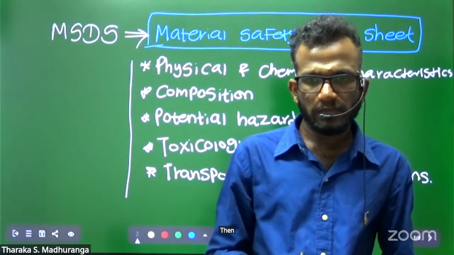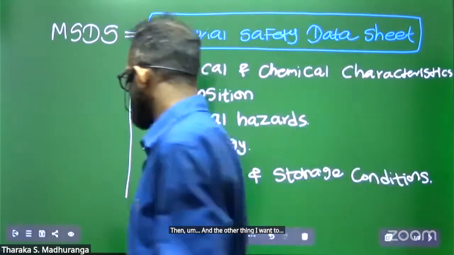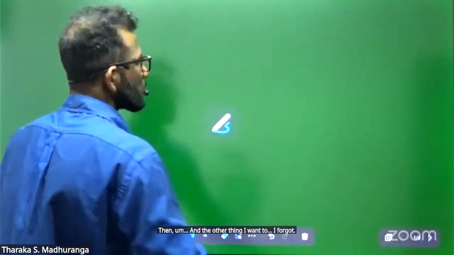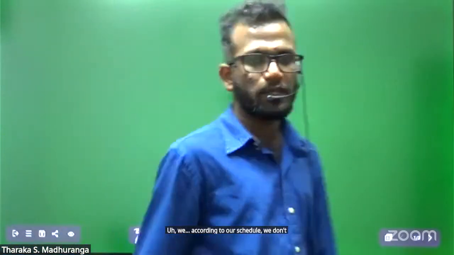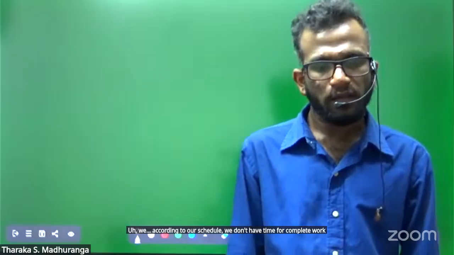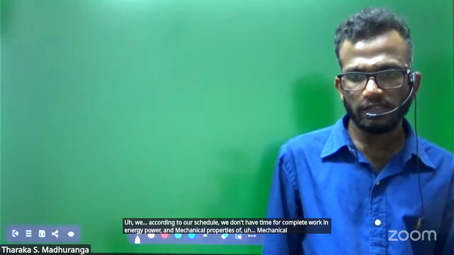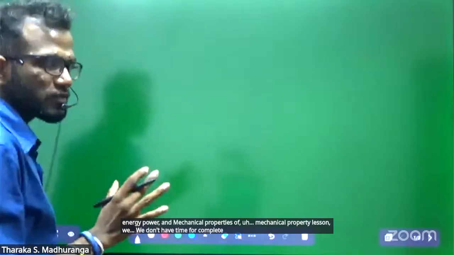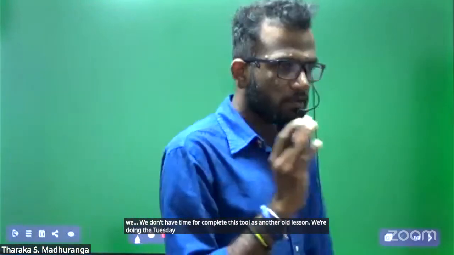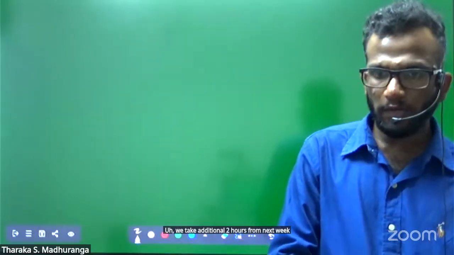And another thing I forgot. According to our schedule, we don't have time to complete the work, energy, power, and mechanical properties lessons. We don't have time for these 2 lessons. All other lessons we do in the Tuesday class. We take an additional 2 hours from next week up to 11.